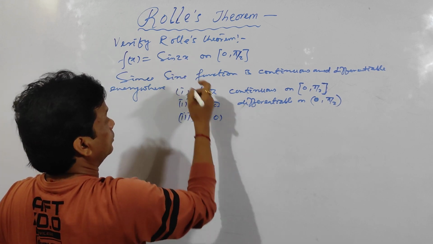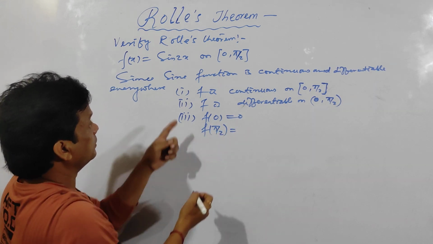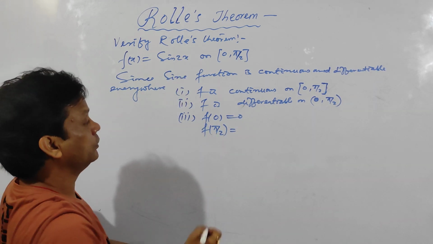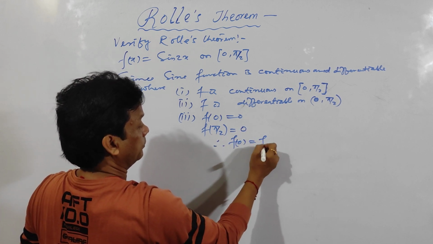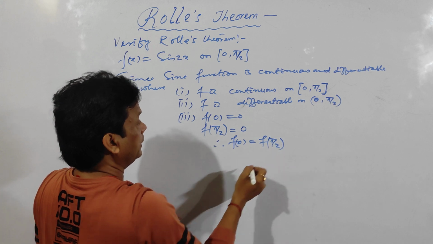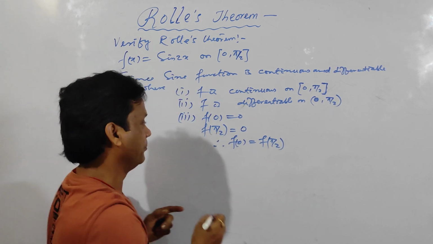What is f of 0? Sin 0 is 0. And what is f of pi by 2? If we put x is equal to pi by 2, 2x becomes pi, so sin pi is also equal to 0. Therefore f of 0 is equal to f of pi by 2. So all the conditions of Rolle's theorem are satisfied.